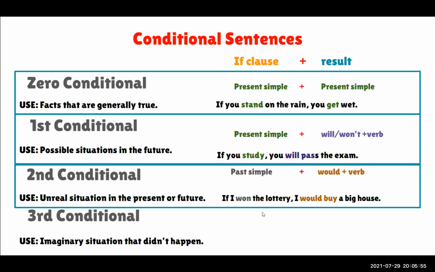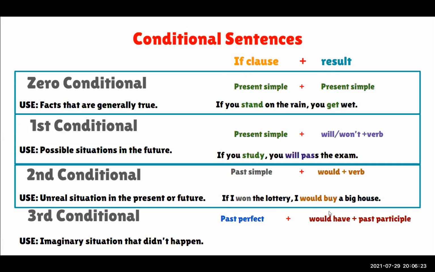In the if clause, we use the past perfect, okay? And in the result, we use the perfect conditional, that is would have and a past participle form of the verb. This would can be replaced by might or could.